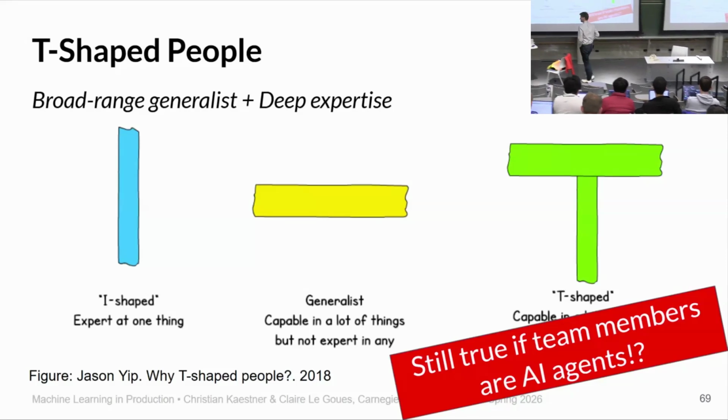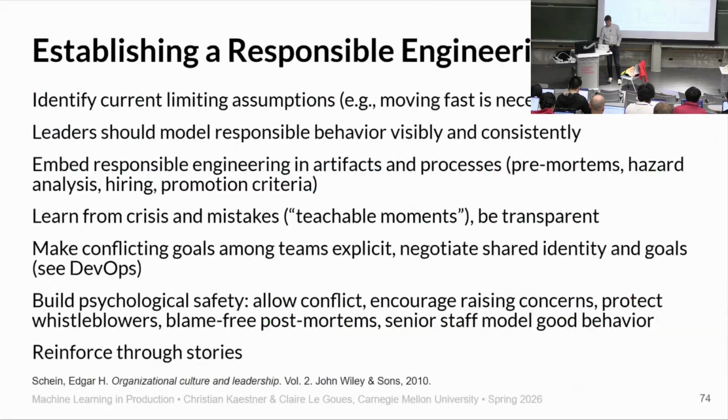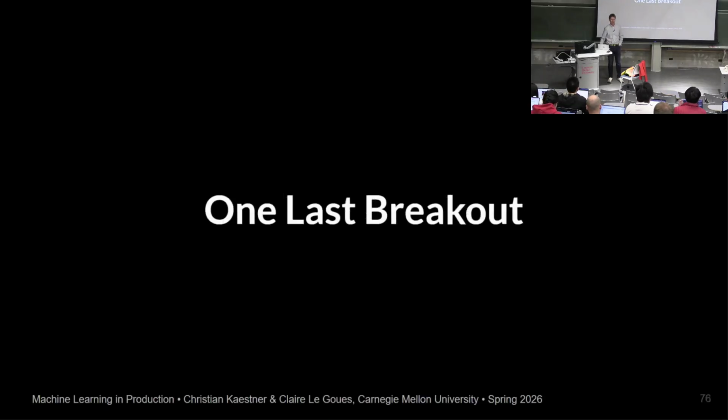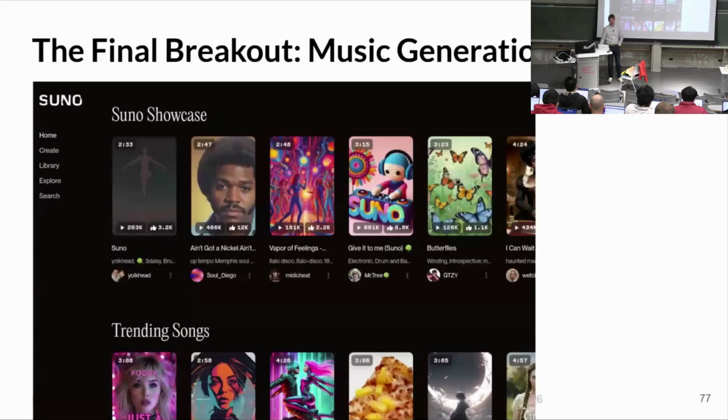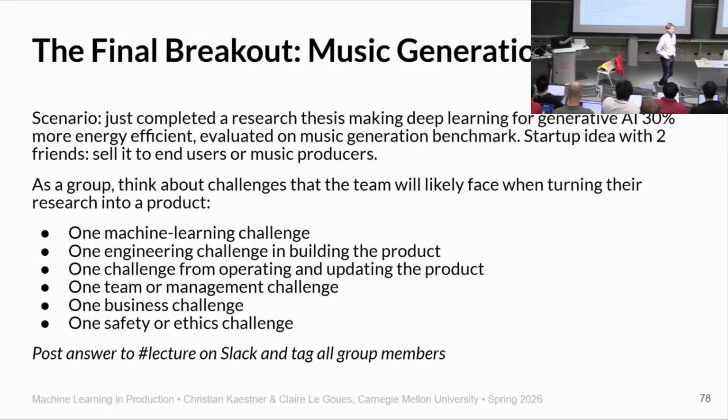All right. Let me skip this and do one last breakout. Sorry. And it's the first breakout again. I want you to think through exactly the question that you did in the very first lecture about music generation.